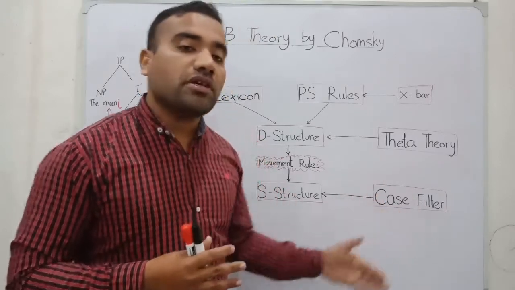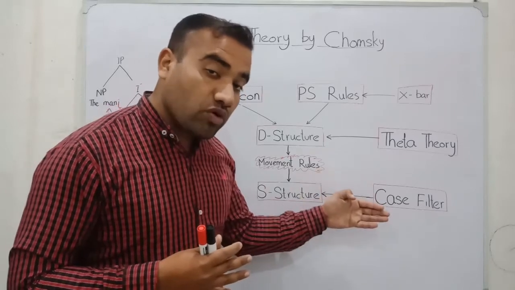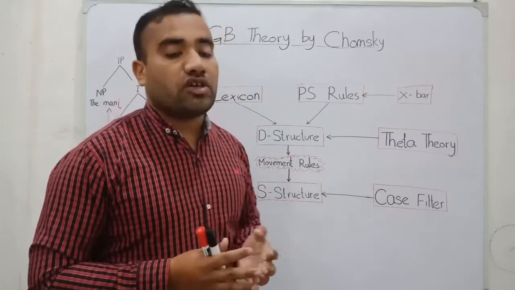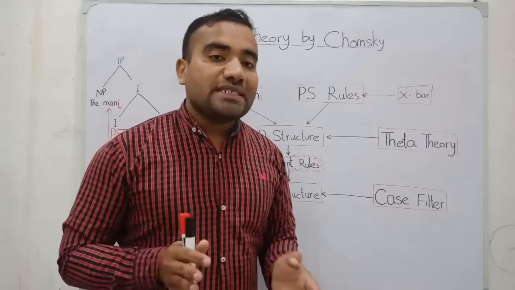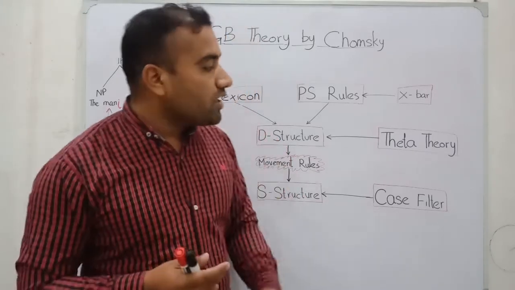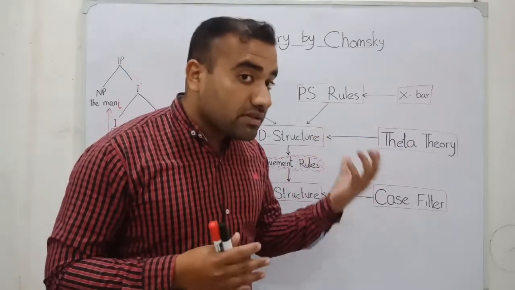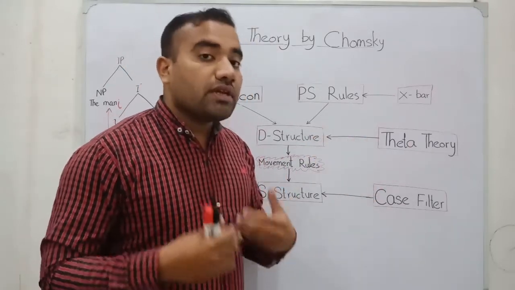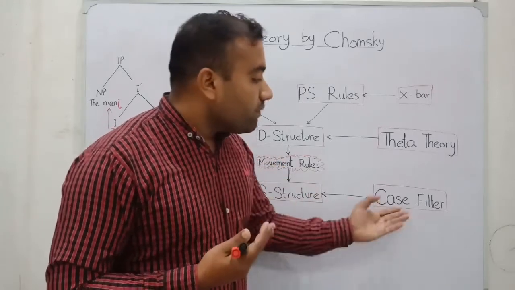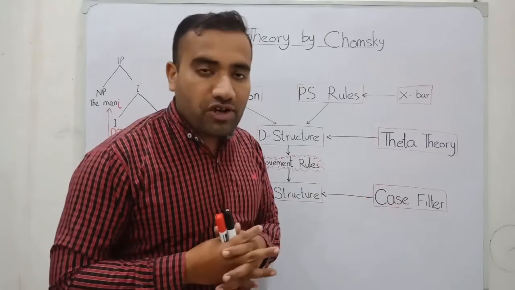Case filter basically puts restrictions on the sentence on how we can assign the case within the sentence, and we generate the sentence within the language. How we can assign theta role, this is told to us by the theta theory, and how we can assign the case, this problem is solved by the case filter.